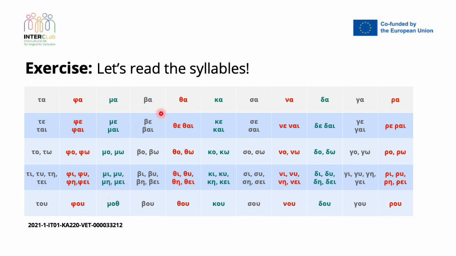On the fourth column, we have V. So va, ve, vo, vi, vu. Th: tha, the, tho, thi, thu. Then we have the K sound. Ka, ke, ko, ki, ku.